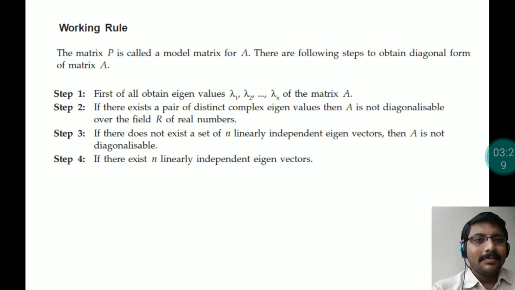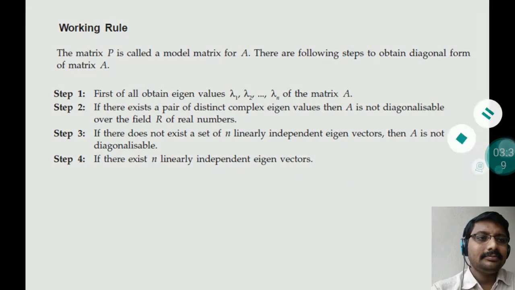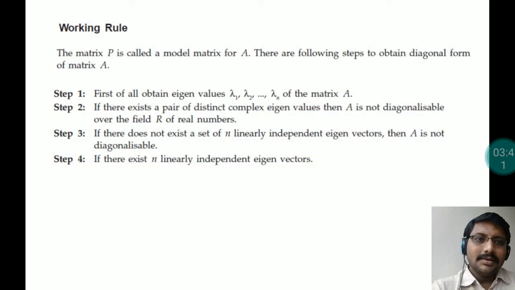In step 3, if there does not exist a set of n linearly independent eigenvectors, then also A is not diagonalizable.